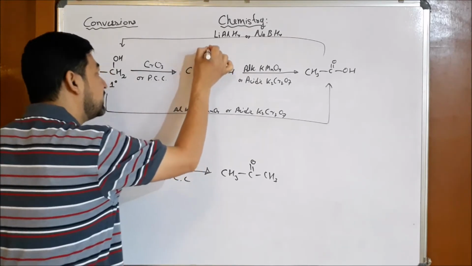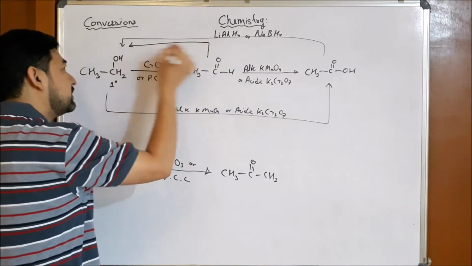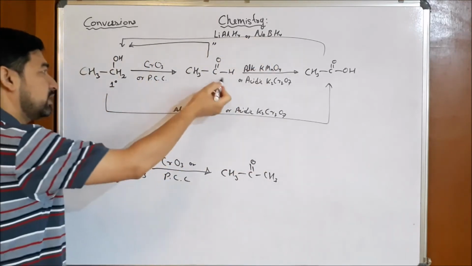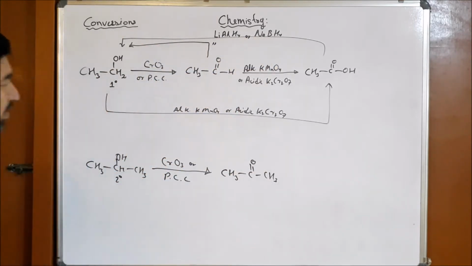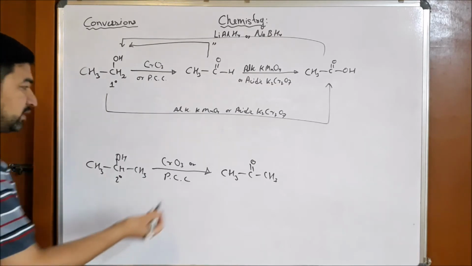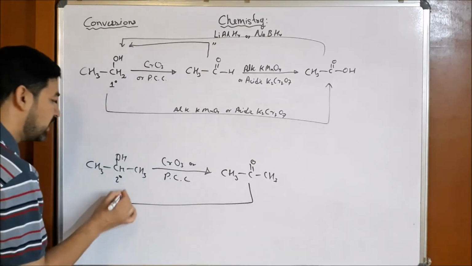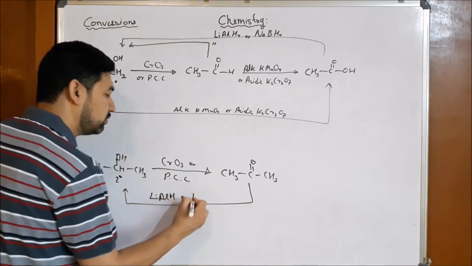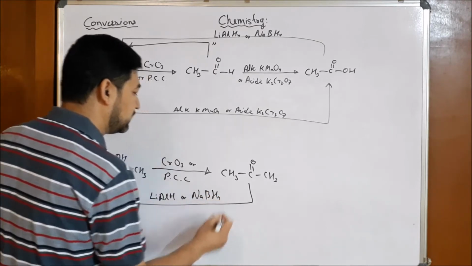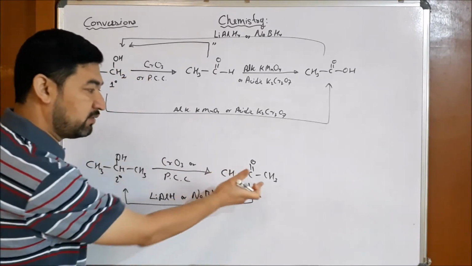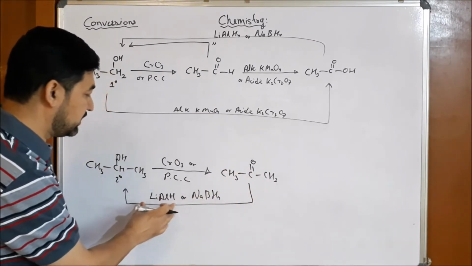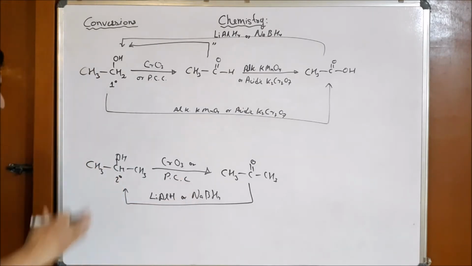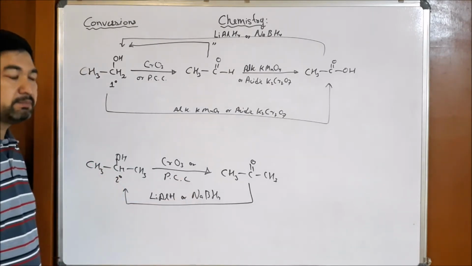Similarly, in the case of this aldehyde, if you use the same reagent, lithium aluminum hydride or sodium borohydride, the aldehyde will again come back to primary alcohol. Similarly, for the ketone, we can use the same reagent, lithium aluminum hydride or sodium borohydride. If we have a ketone and use a strong reducing agent, it will come back again to the secondary alcohol.